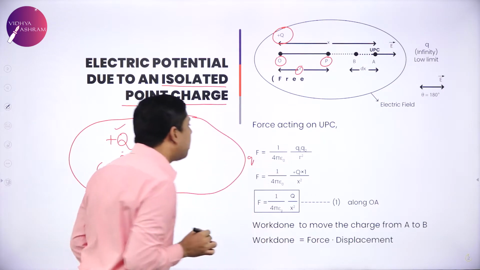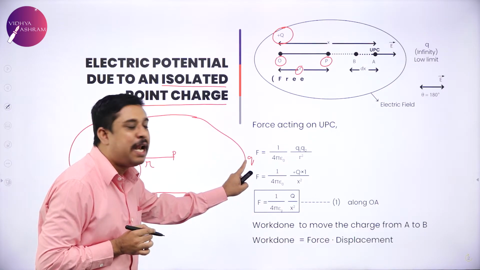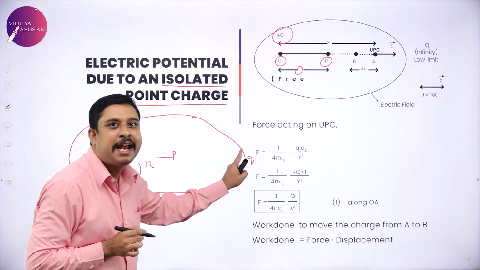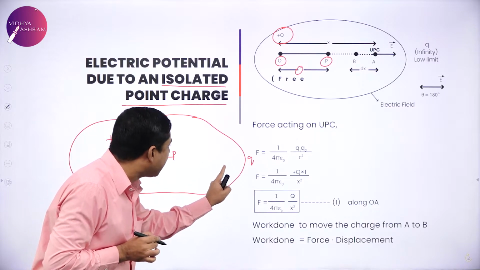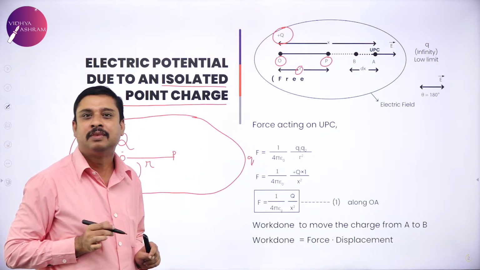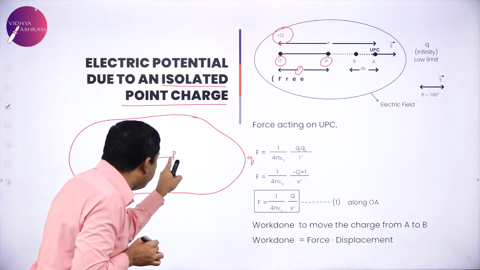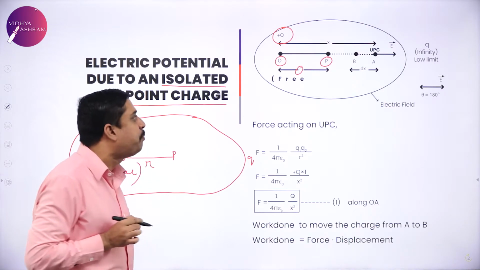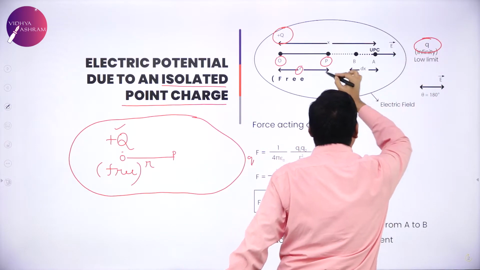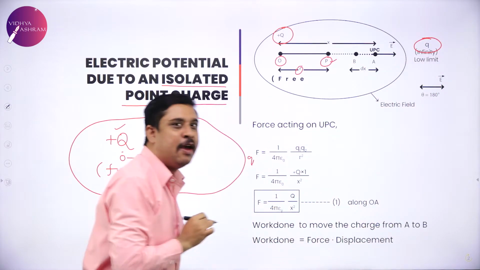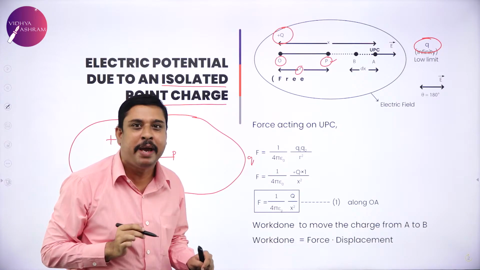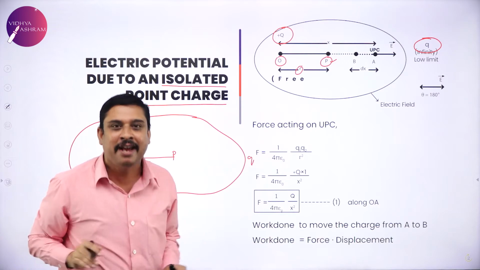There is a charge which is placed at infinity, somewhere just outside the electric field, as I told yesterday. It has to be moved to this point P. Will it fly?